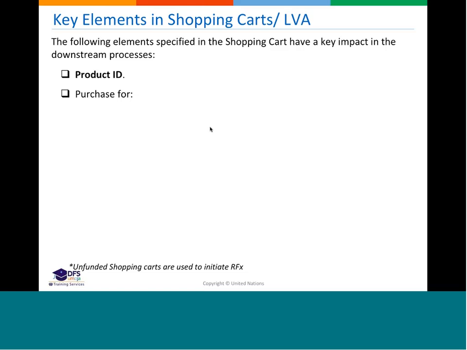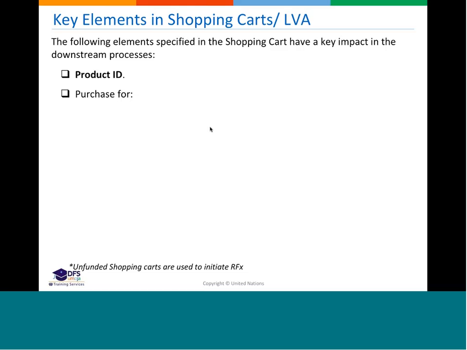Yes, it's the requisitioner executing the transaction in the system, but the requisitioner may need to work together with you in order to understand what is the account assignment they need to input, or what is the product ID that is stated in the bill of quantities, because they may not have the technical knowledge in order to match your bill of quantities with the product IDs that are available in Umoja.